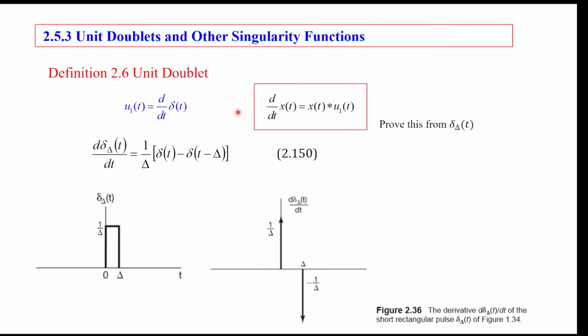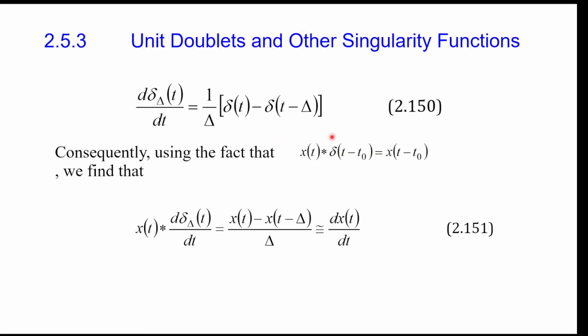So you think about this function and you take a convolution of any function x of t with this. We know that x of t convolved with the delta function just gives back x of t, and x of t convolved with delta of t minus t0 gives us x of t minus t0. This is the time shift system we talked about before.